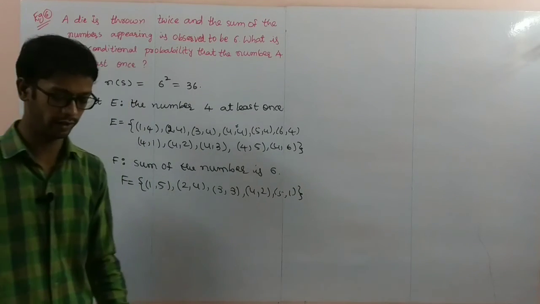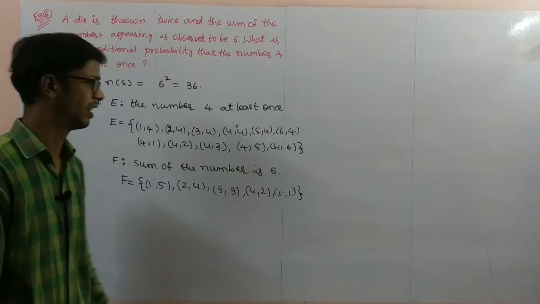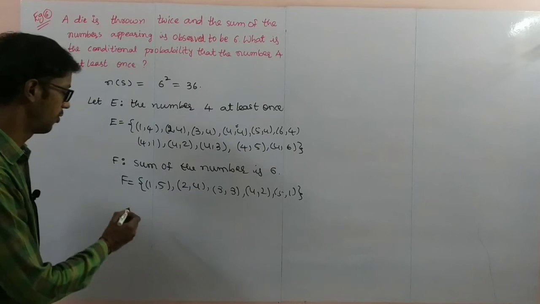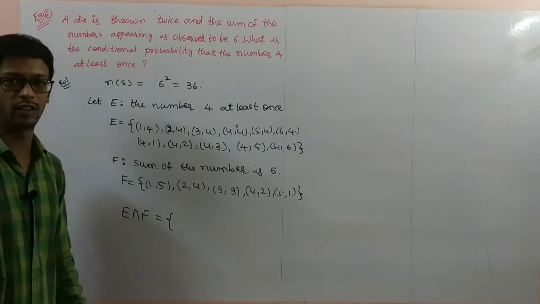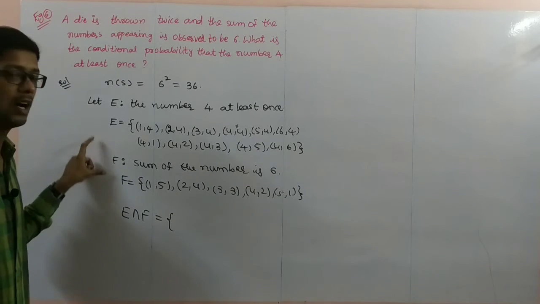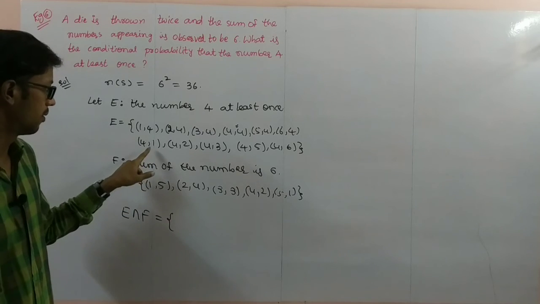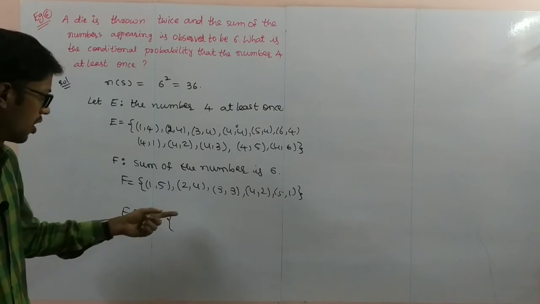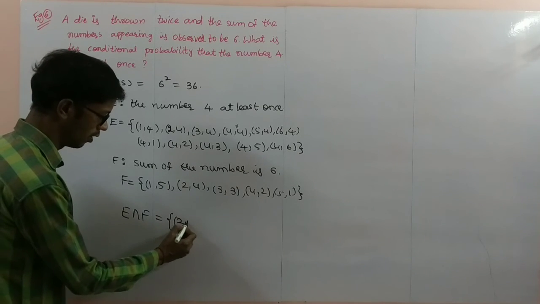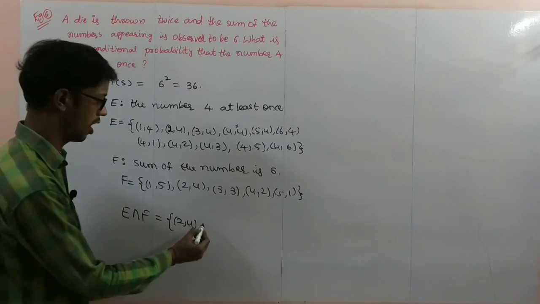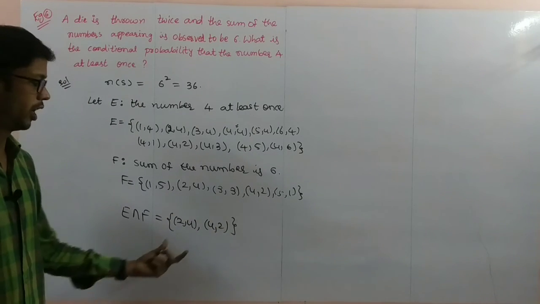There are no more possibilities. So how many elements are there? 5 elements. Next, you will write the intersection part between E and F. E intersection F is equal to, what is the intersection part? You can observe here, the intersection part is 2,4 and 4,2, only 2 elements.